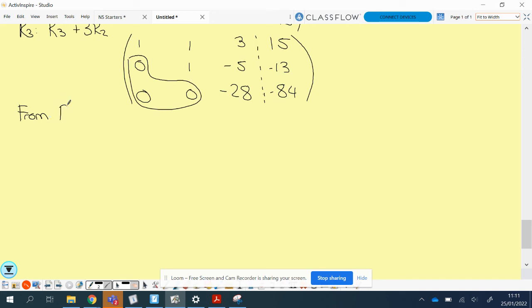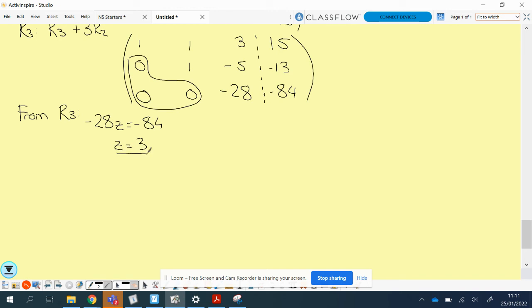So from row 3, I've got negative 28 lots of z equals negative 84. Thankfully, that does give us z equals 3. 28 fits in 84 3 times.